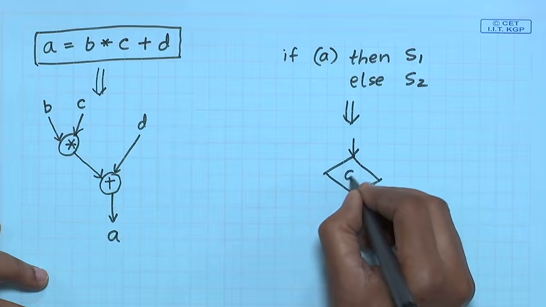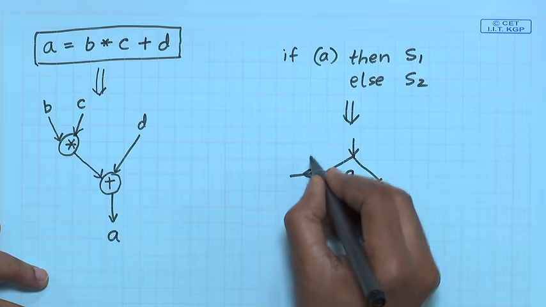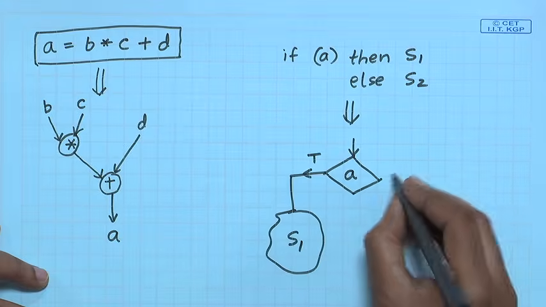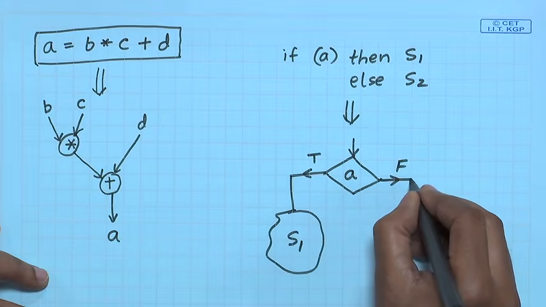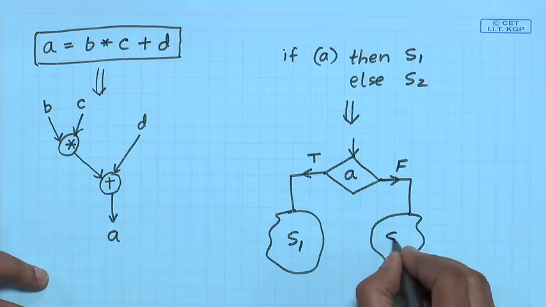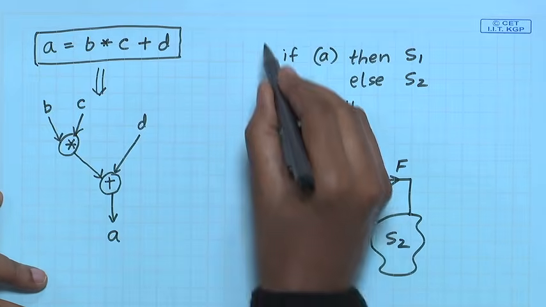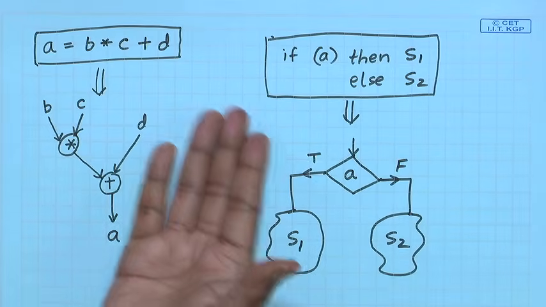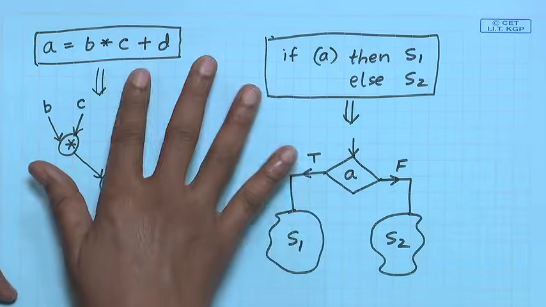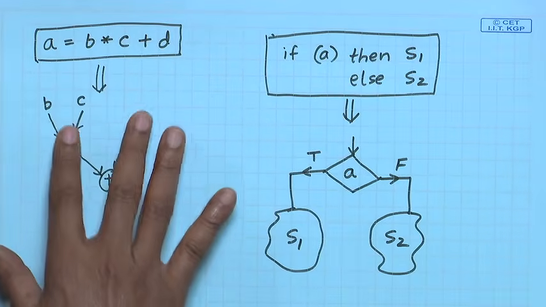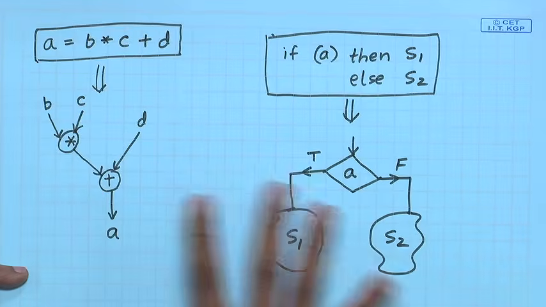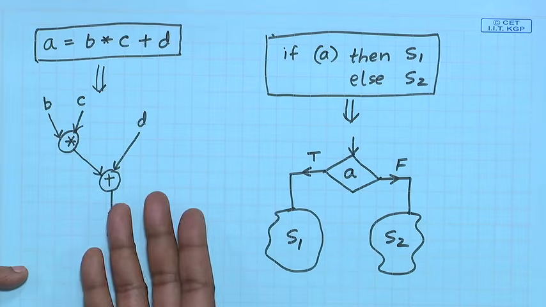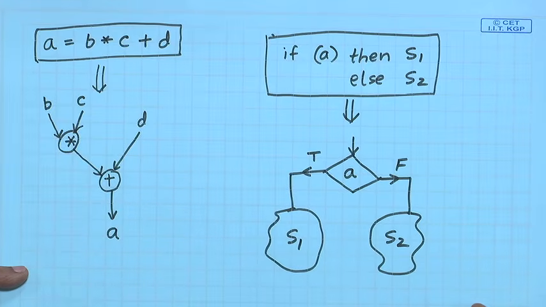You check the condition A; if this is true, then you go for S1, if this is false, you go for S2. So, what I essentially want to say here is that given any high level description in Verilog or VHDL, the first step would be to translate those language constructs into data flow graphs, which can be translated into data paths and control paths for the next levels of design.